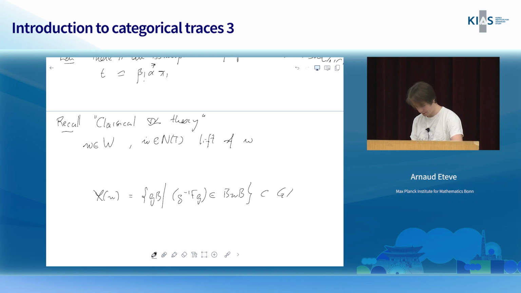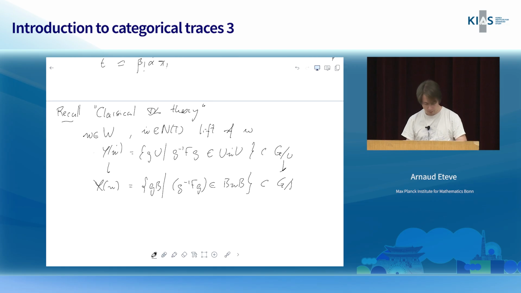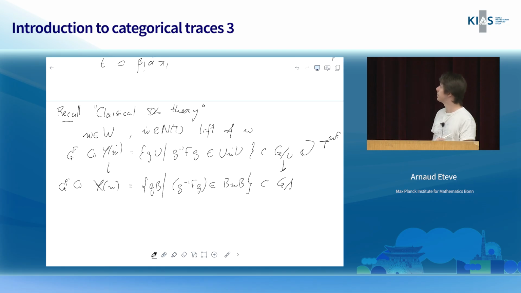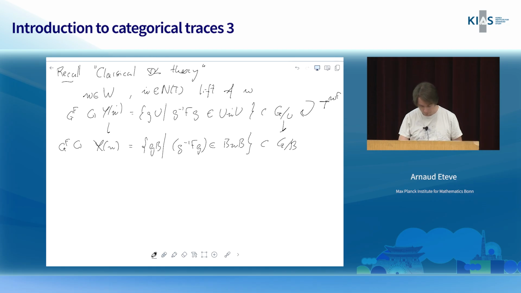So that's a subset of G mod B. And some cover Y of ẇ in G mod U. Okay, and these two things carry an action of G fixed by F. And the top one carries an action of T fixed by wF, which is the group of rational points of a torus inside of G.